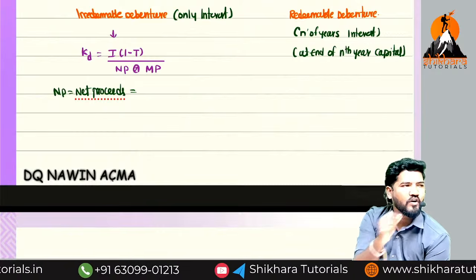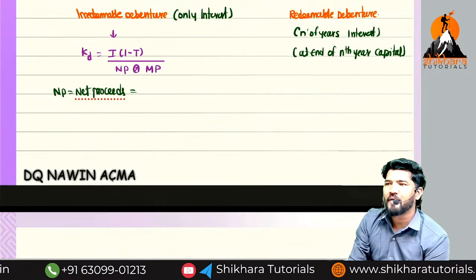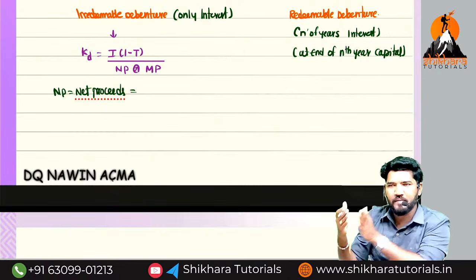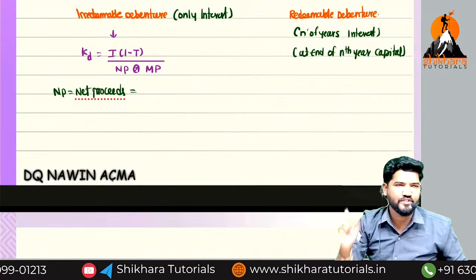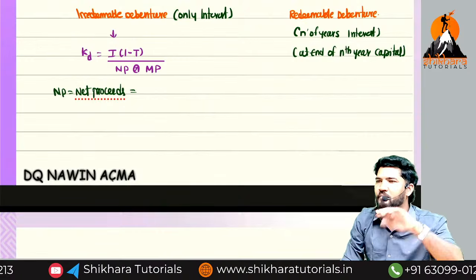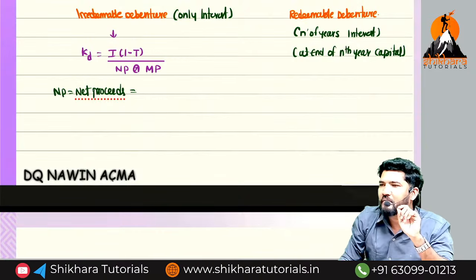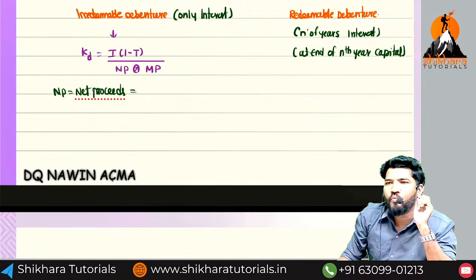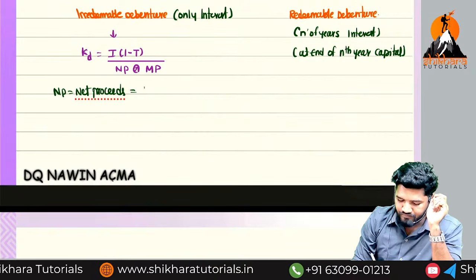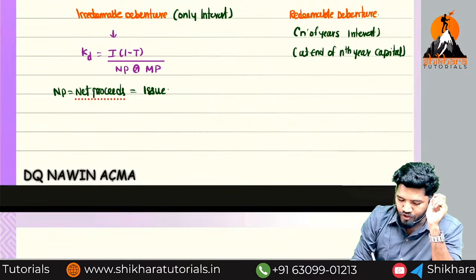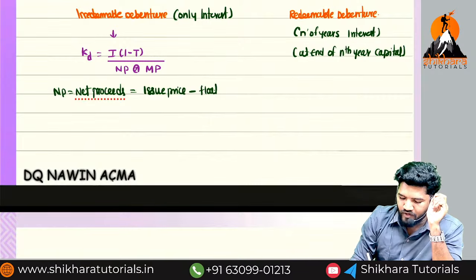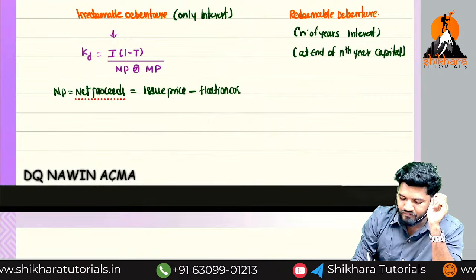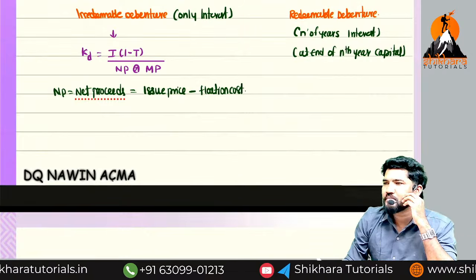You are selling one debenture for a particular value; that value is nothing but net proceeds. If you take the total or the individual, the answer is the same. How do we calculate net proceeds? Issue price minus flotation cost.